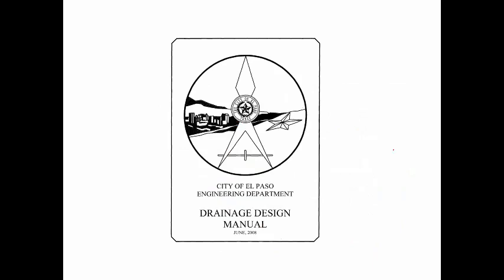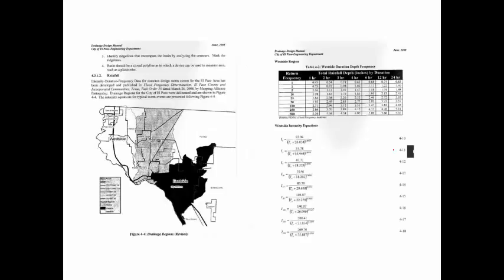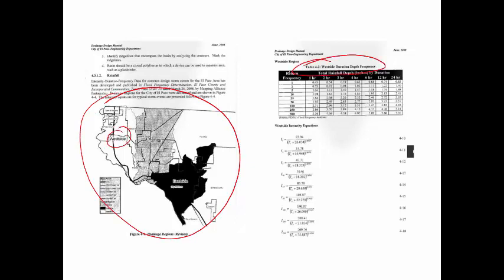So how do we use the drainage design manual? I'm just going to give you an example. In the drainage manual, there are two things that you need to look for. Which side of town you are in. You'll find these maps here, and, for example, this is the west side, just 2 pages, right? So you'll see the west side, duration, depth, frequency, okay?